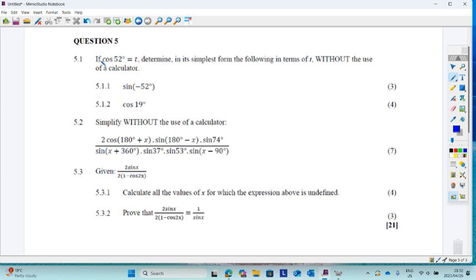Okay, the first one: if cos 52 is equal to t, determine in its simplest form the following in terms of t without the use of a calculator. Remember, this t is over 1. We have a t over 1 there, and cos 52 is adjacent over hypotenuse.